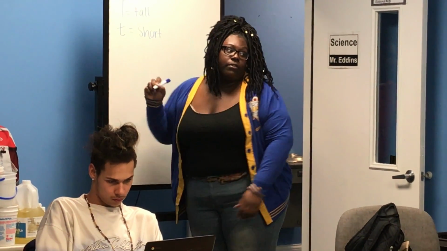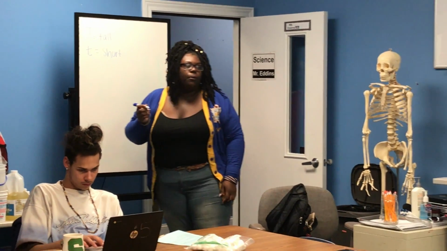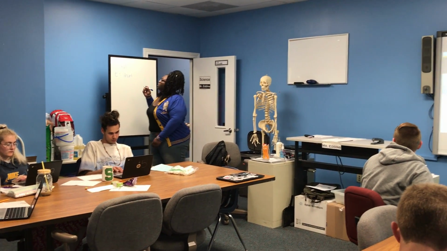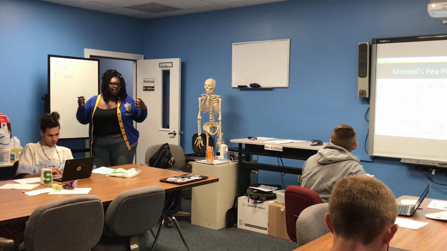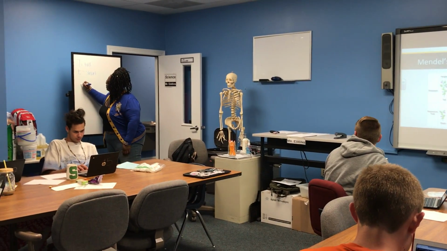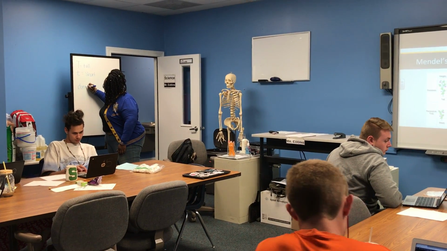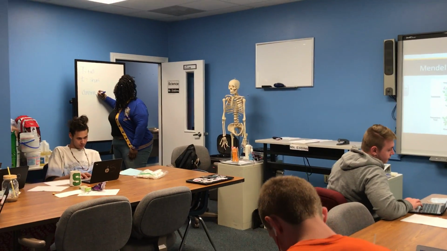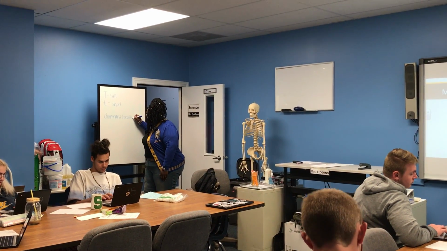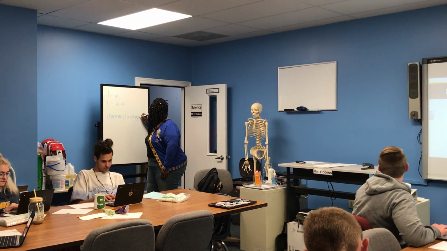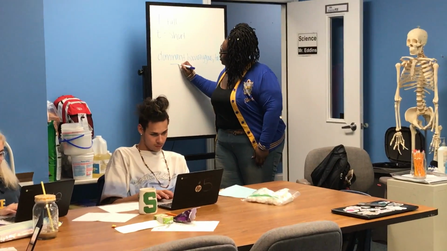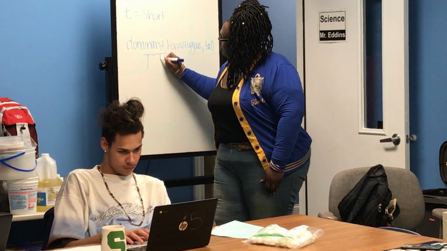So an example of this, remember we talked about the words homozygous and heterozygous. A dominant homozygous tall plant would be, so I'll write that, dominant homozygous and tall, that would be 2 capital T's.